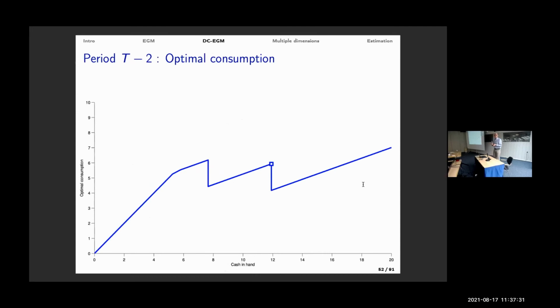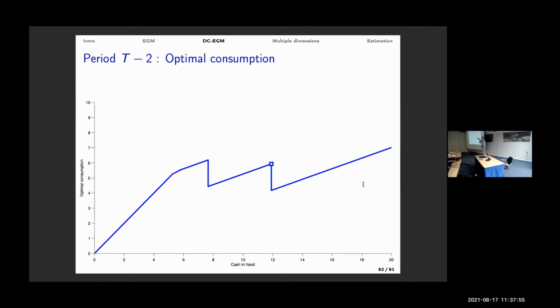Bringing it all together, your consumption function starts collecting discontinuity points. So in capital T minus 2, you have a discontinuity point here, which corresponds to the primary kink, the switch between working and retirement, and another discontinuity over here, which corresponds to the next period kink in the value function and the next period discontinuity in the consumption function.